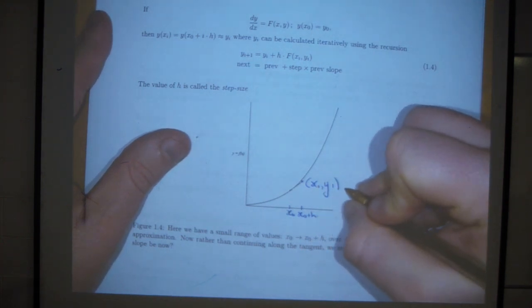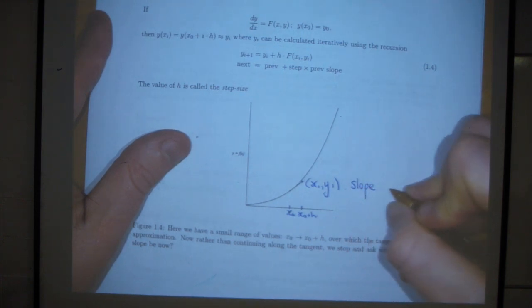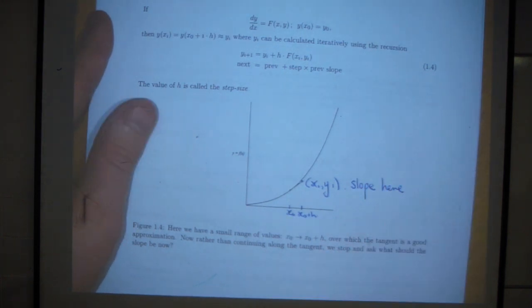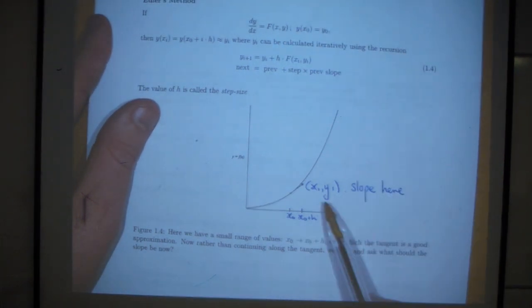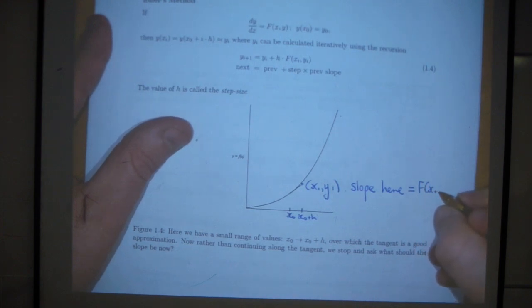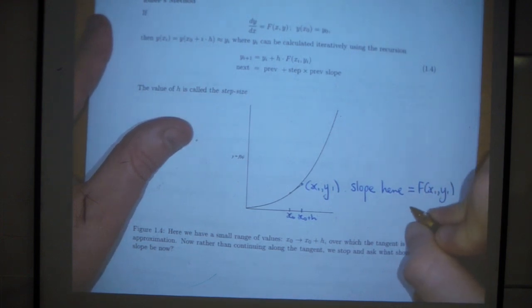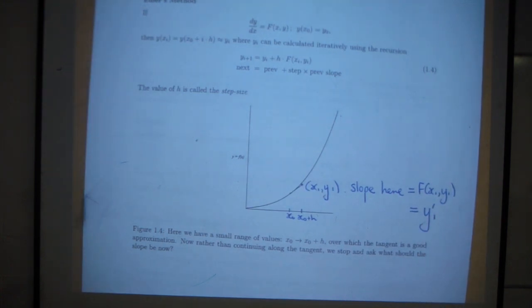The slope at this point, well, it's dy/dx equal to a function of x and y. You just bang in those numbers. And the alternative notation is this is the slope y dash 1. Okay.